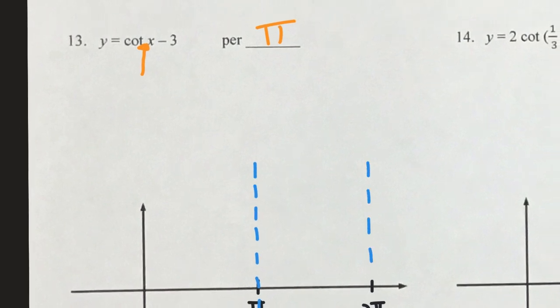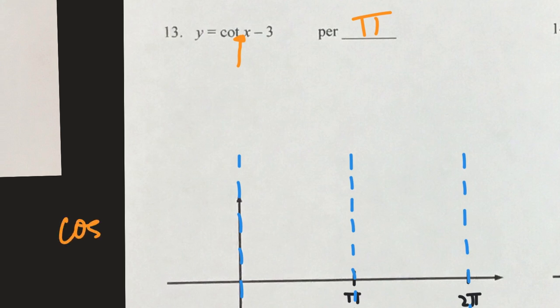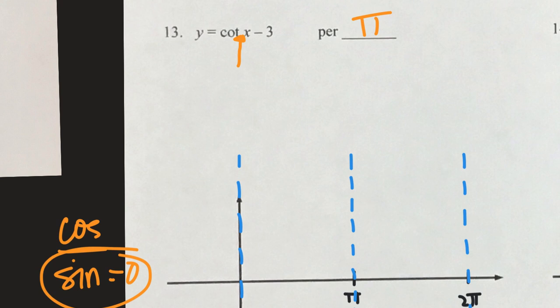So let me tell you why. Remember, cotan is the reciprocal of the tan, which means cotan is a ratio of cosine over sine. So everywhere sine is 0, your graph is going to have an asymptote. So remember what the sine graph looks like.